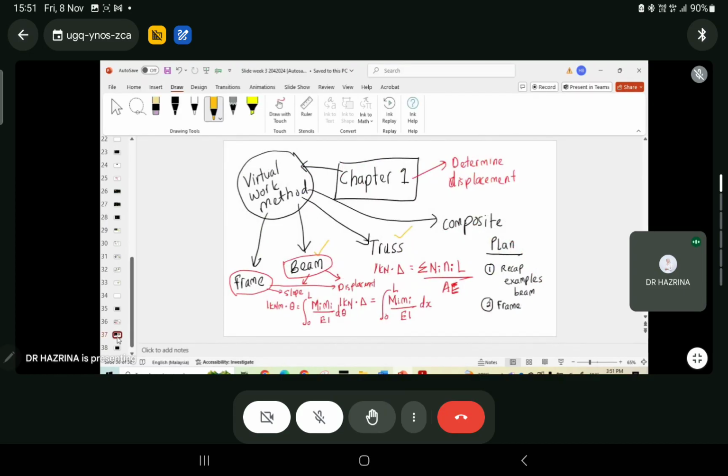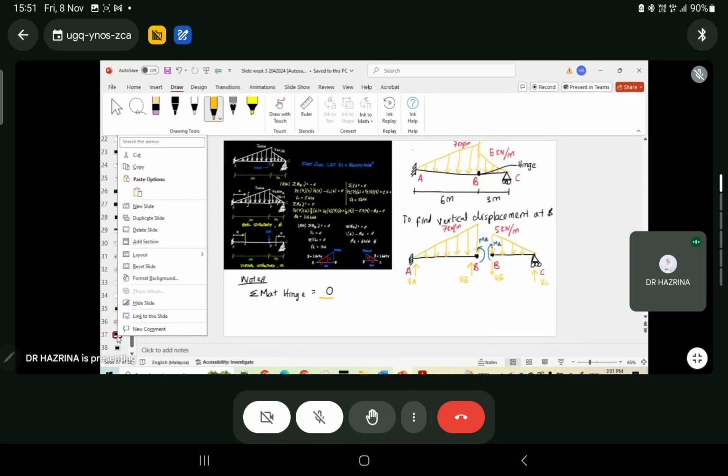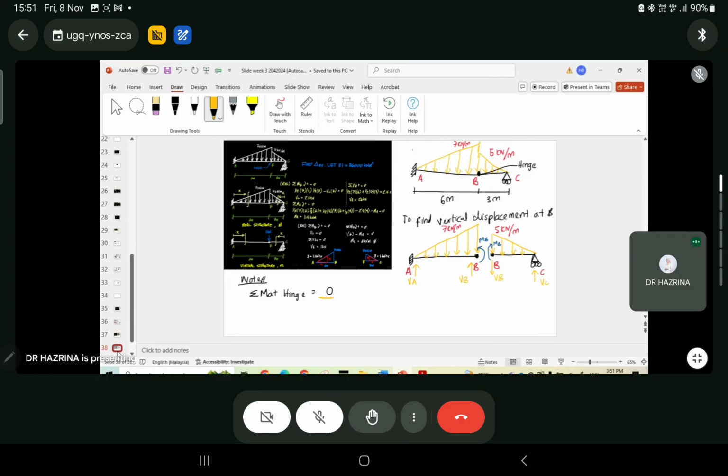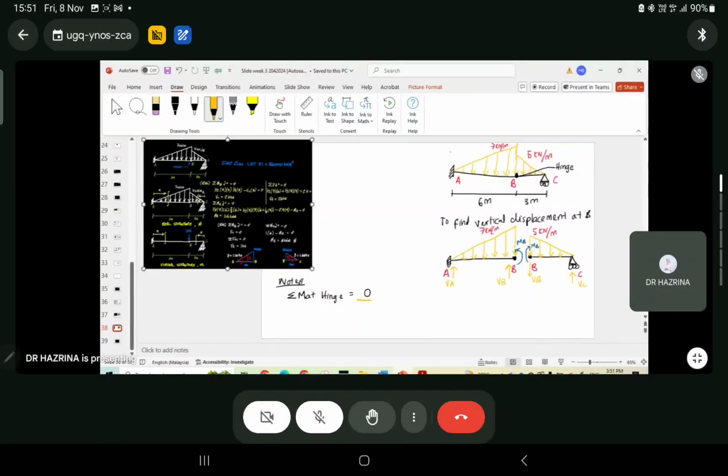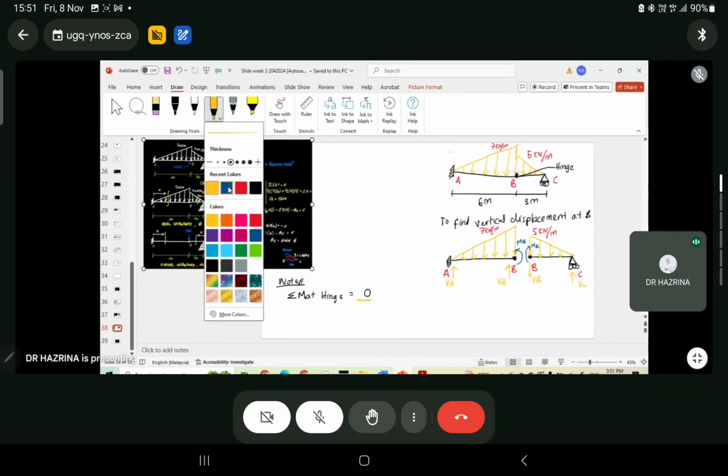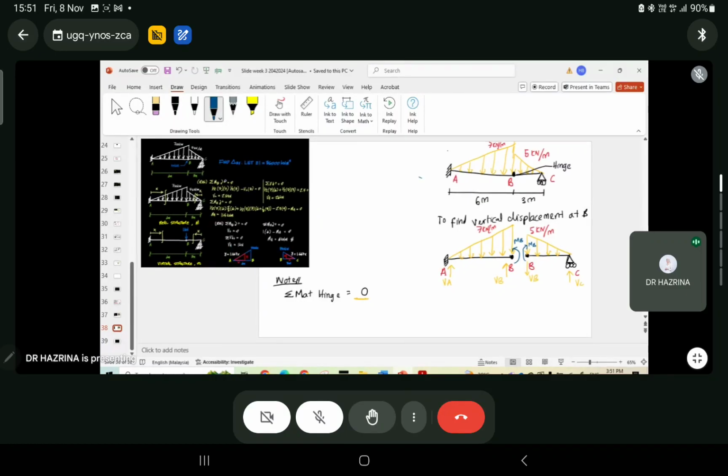let me copy this slide. Okay, we duplicate it. So for this example, what are the possible solutions that you can have? How would you choose the cutting section? Because now you have this loading.